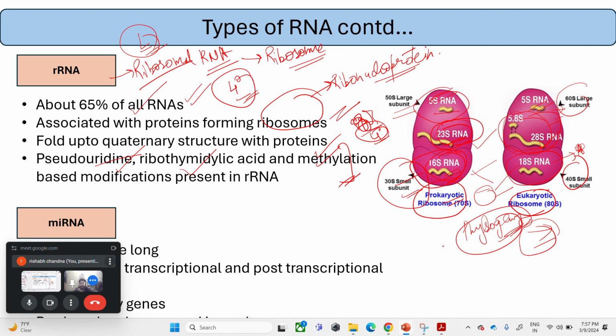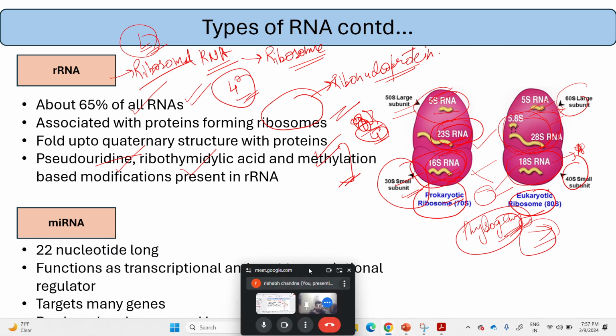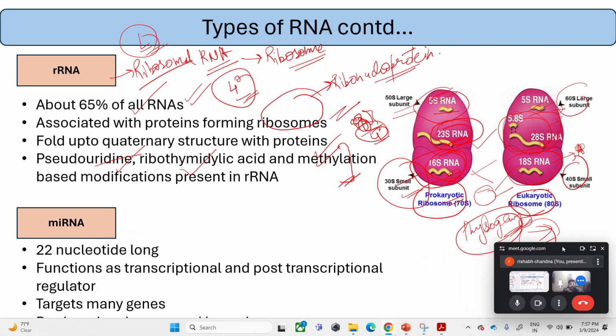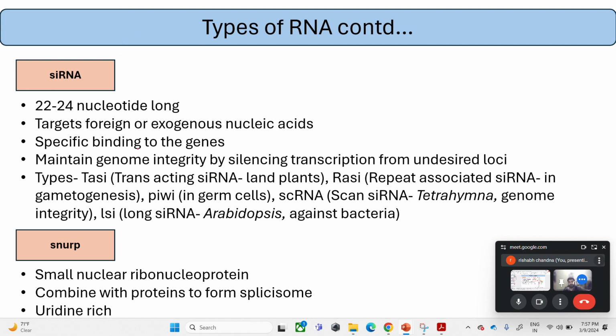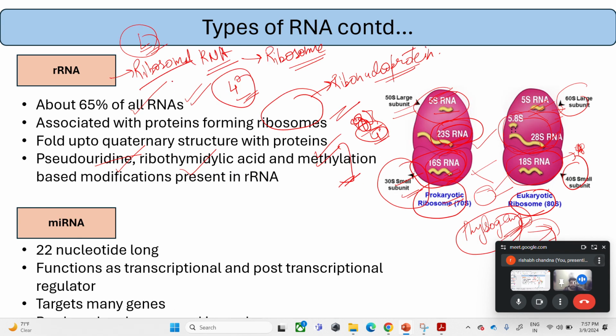Then comes the microRNA, the RNA that helps in the regulation of gene expression. It is a roughly 22 nucleotide long RNA, and it functions both transcriptionally as well as post-transcriptionally.